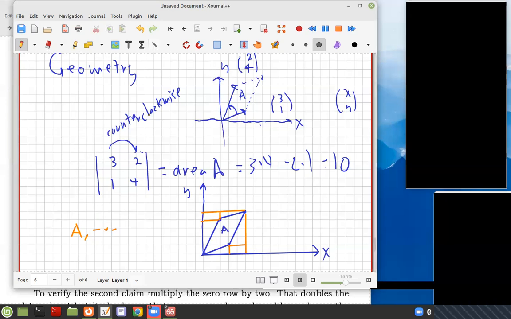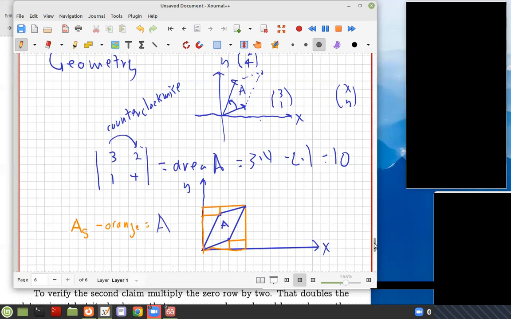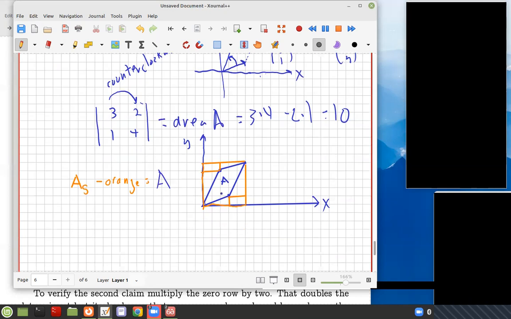Oh, no wonder that was doing weird stuff. Okay, minus A for the square, A for the whole square here. If I take this entire square, the area of the blue here is minus orange areas equals the blue A.